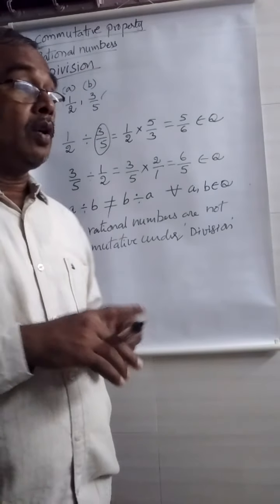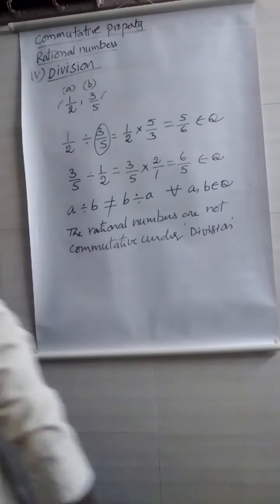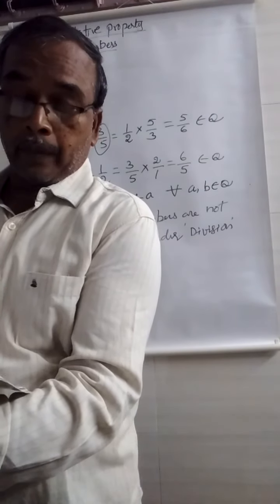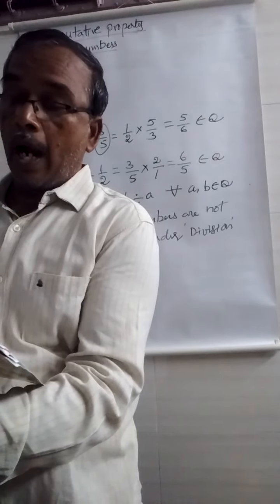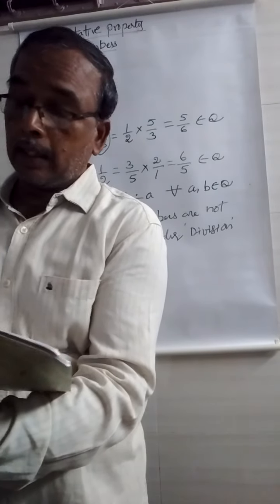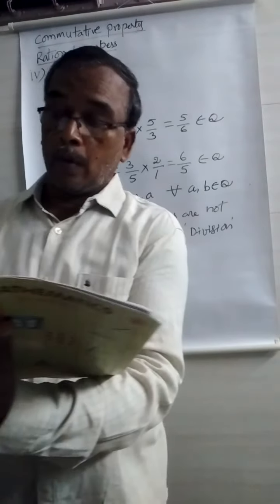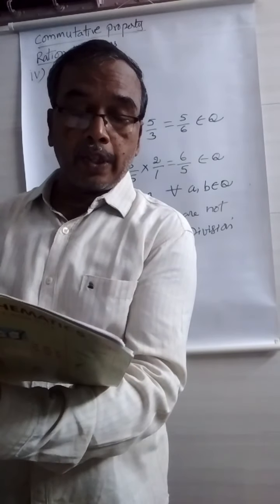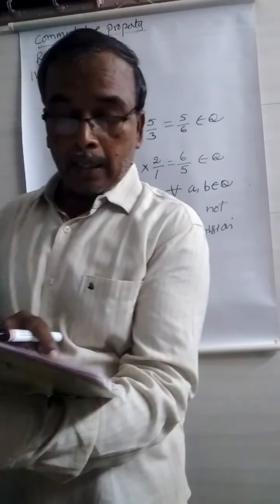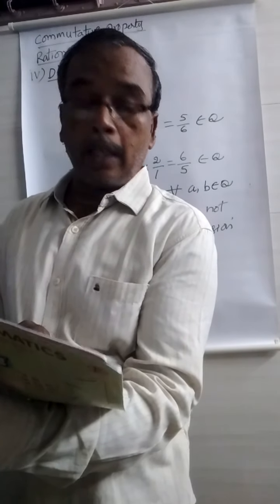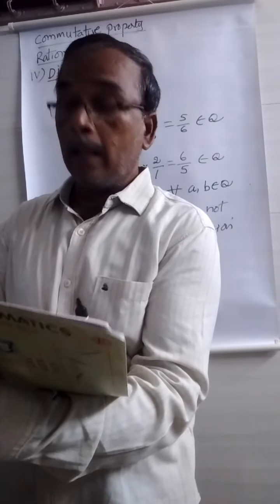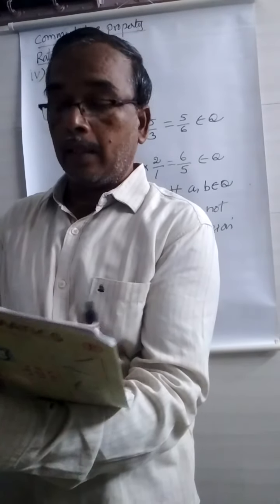Okay, now you proceed to your textbook, page number 6. Page number 6 has the commutative property, and there is a missing table on pages 6 and 7 and page number 9.